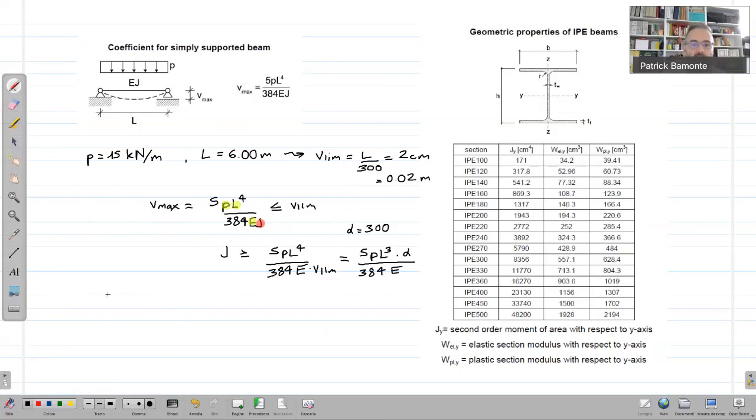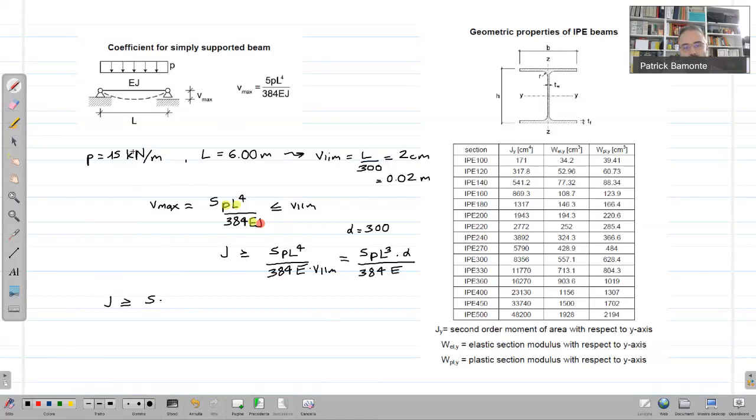So here you have to use the units of measure which are given here, or you can convert them by suitable operations, which are basically converting the units of measure. So we have 5. P is given in kilonewton over meter.